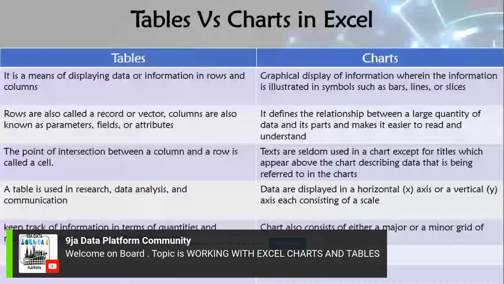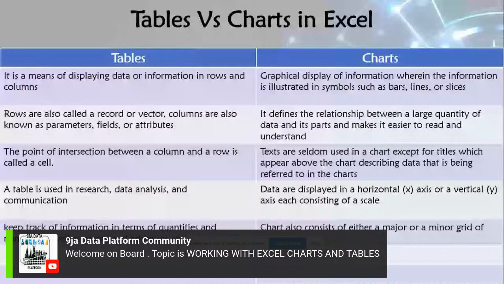Now, the point of intersection between a column and a row is called a cell. That is the point where a row and a column intersect. We call it a cell. So text is seldom used in a chart except for titles, which appear above the chart, describing the data that is being referred to.